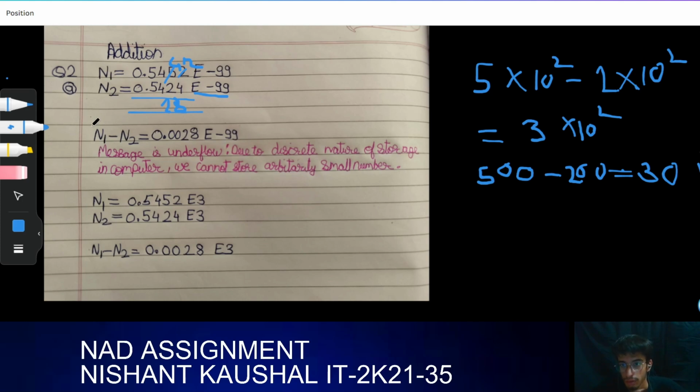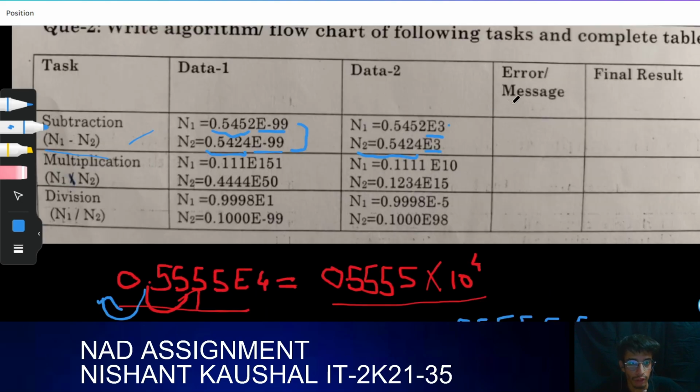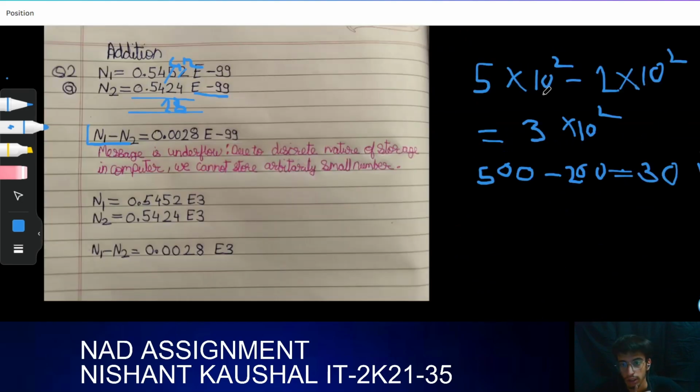So when we find n1 minus n2, here we also have to find a message. In this, the message will be underflow. The reason being underflow is that, as you can see, e raised to the power minus 99 means this number is 0.0028 into 10 to the power minus 99, which is a very small number, and computers can't store such a small number.